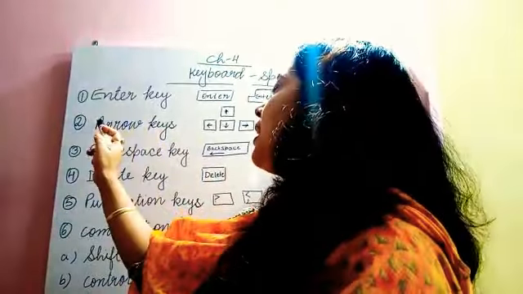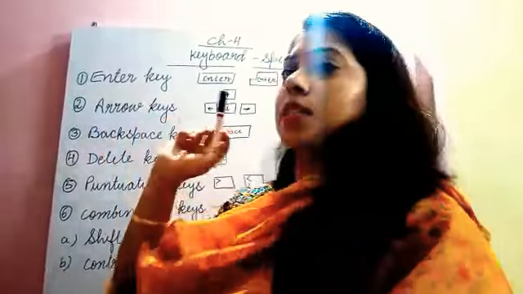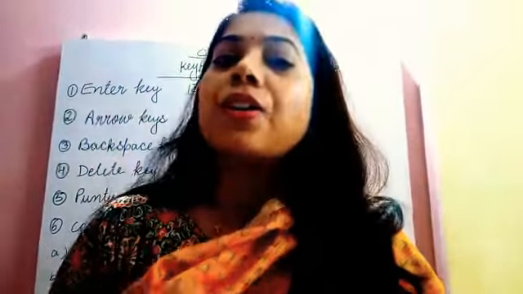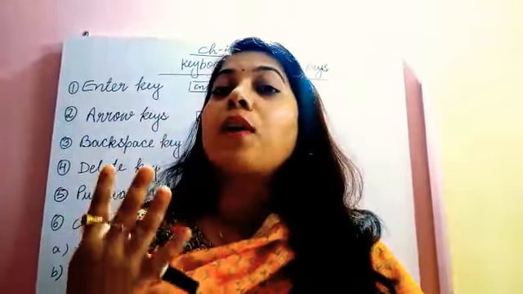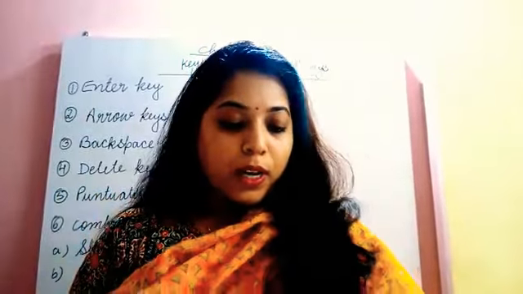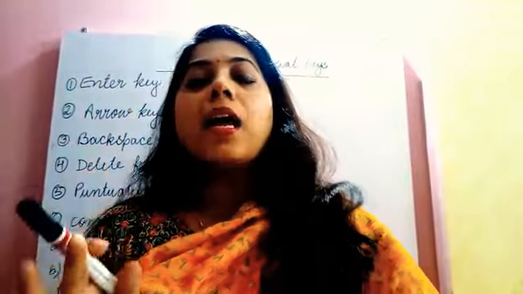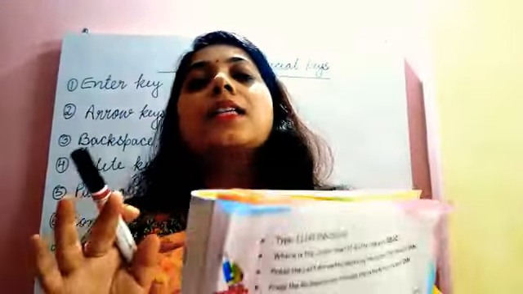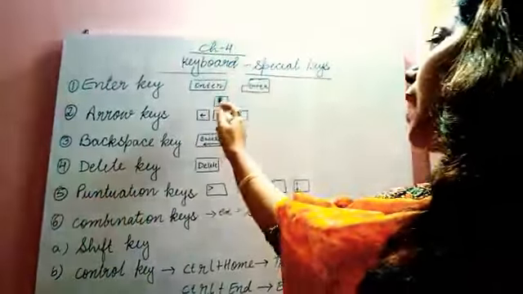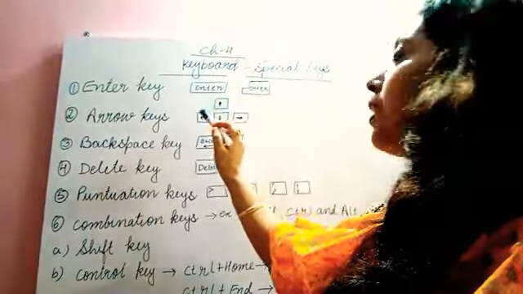Now after the enter key, let's see what the arrow keys are. What is the function of the arrow keys? There are 4 arrow keys on the keyboard and they help us to move the cursor on the screen. See, these are the 4 arrow keys. Can you see the up direction, down direction?